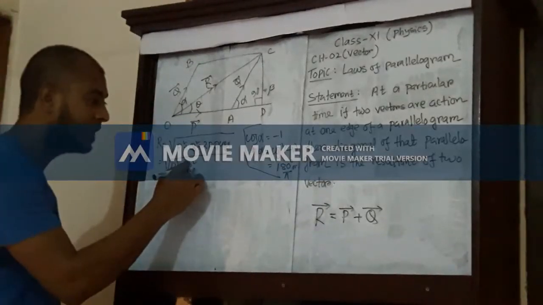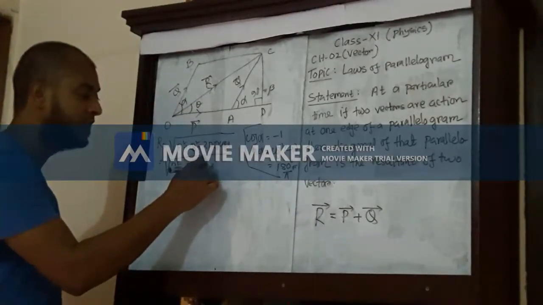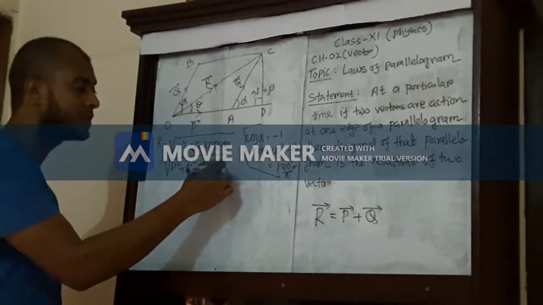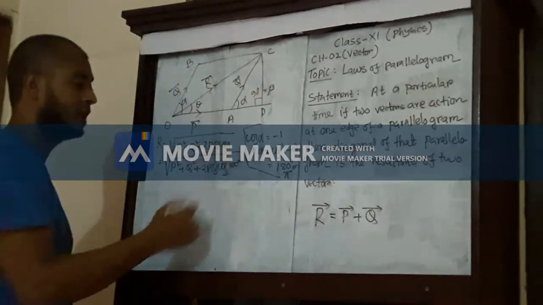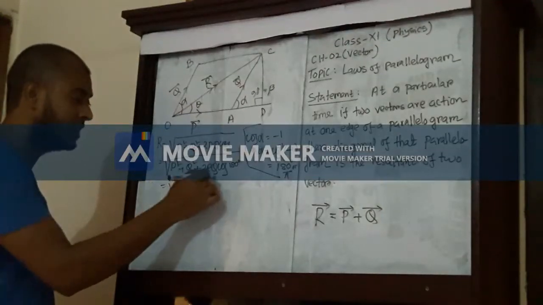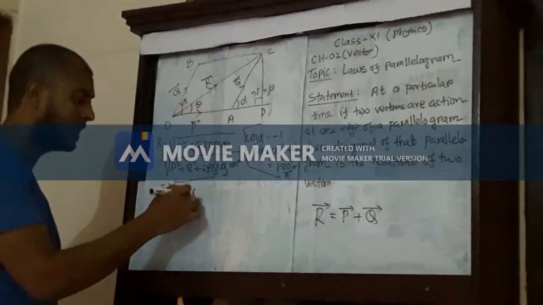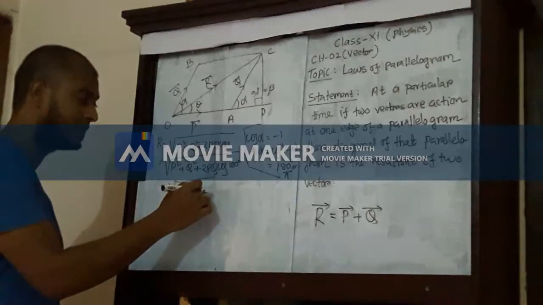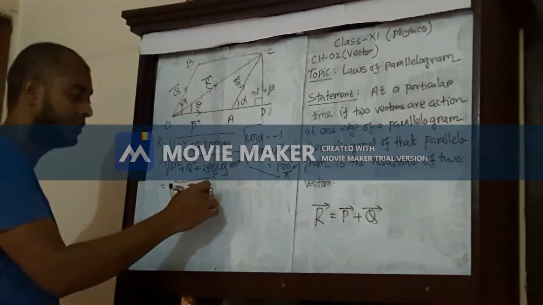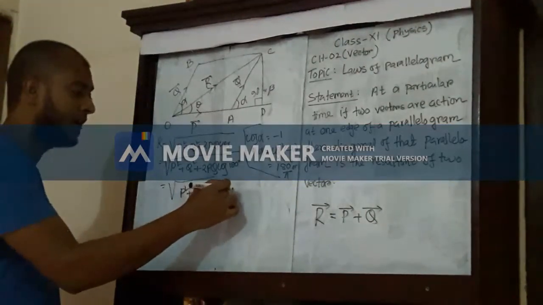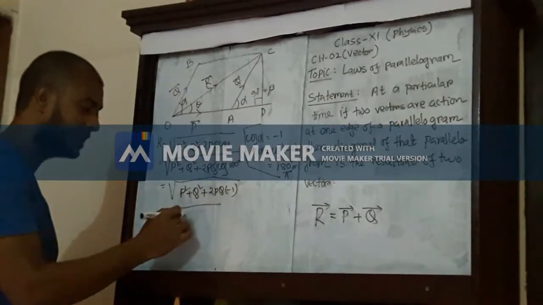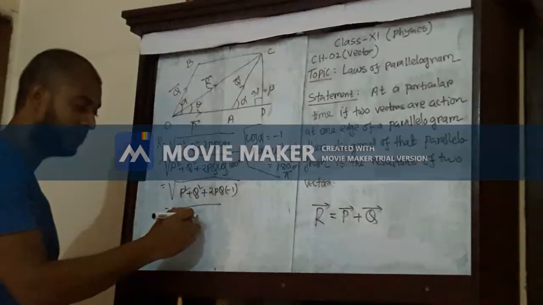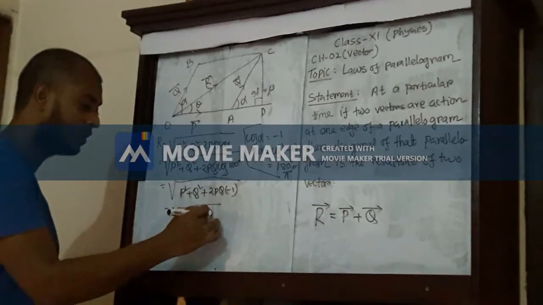So then plus 2PQ cos 180 degree. Okay, then you can say that here P square plus Q square plus 2PQ and then minus 1. So the total value is here P minus Q whole square.